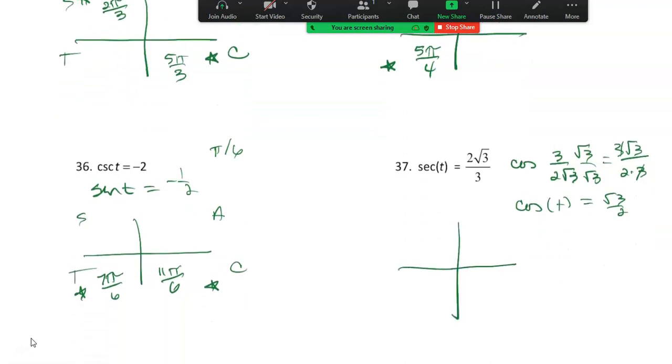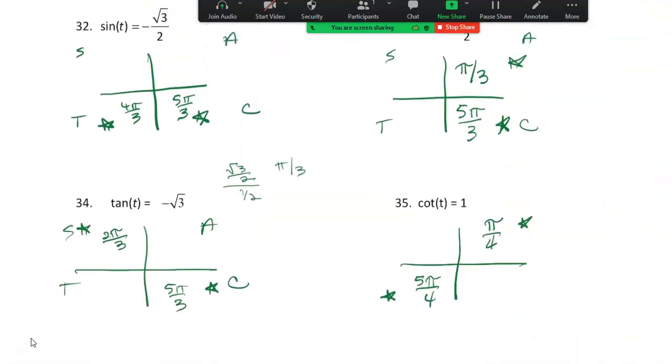That's the most important thing first. If it's positive, that means I'm going to have it located either here or here, and figure out what angle has a cosine of √3/2, and that is going to be pi/6. Pi/6 is one of my answers, and so is 11pi/6.